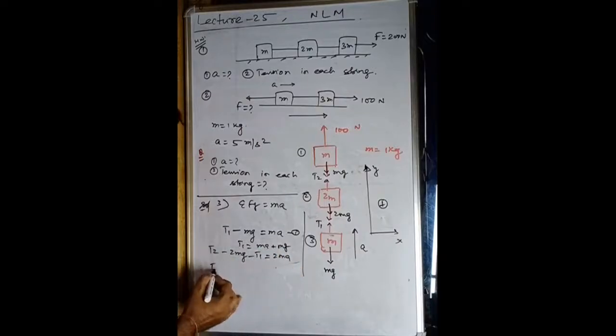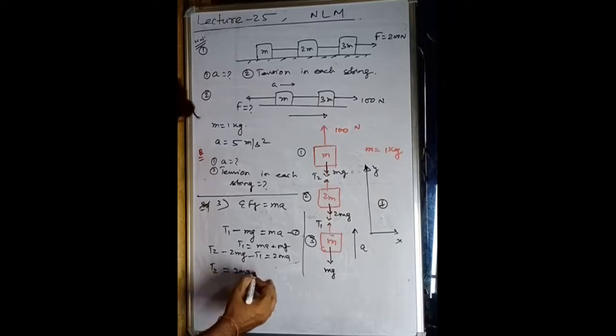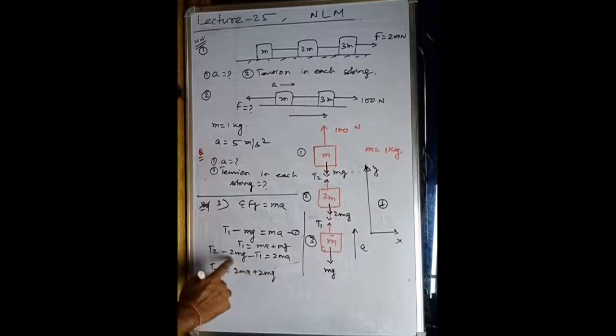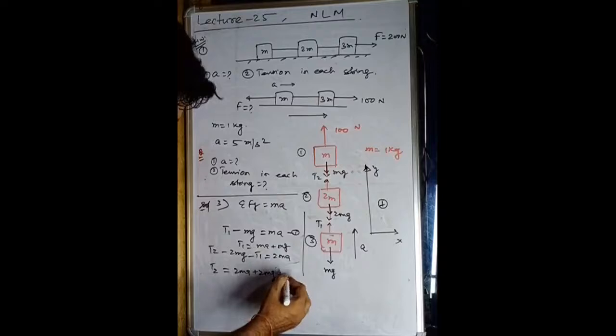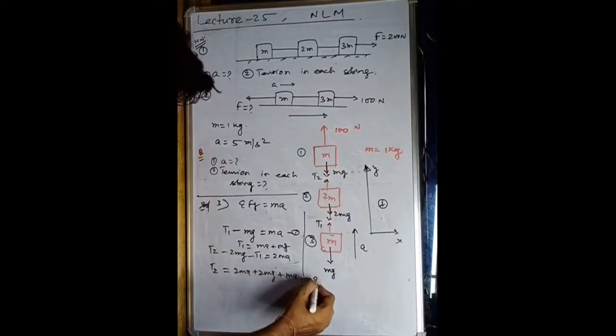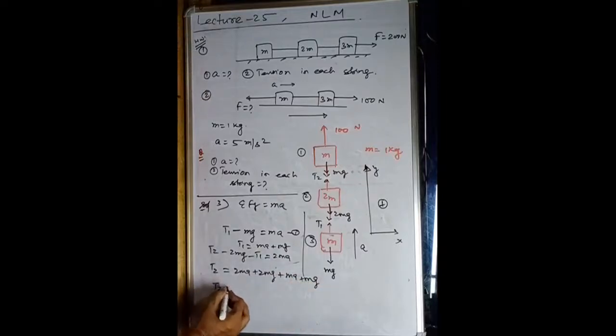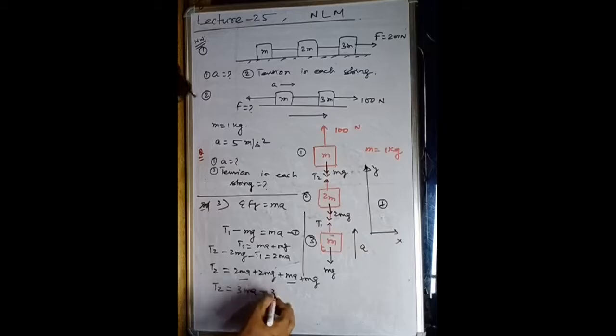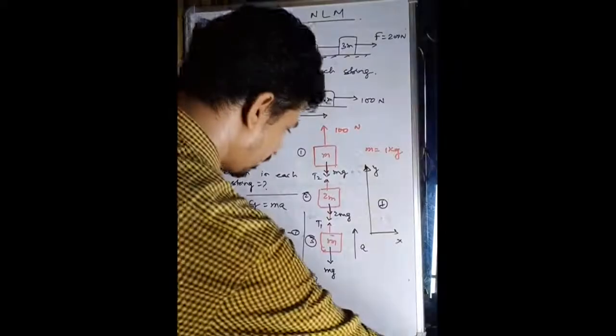So T2 is equal to 2ma plus 2mg plus T1, which is ma plus mg. Here the T2 you got is thrice ma plus thrice mg. Equation number 2.